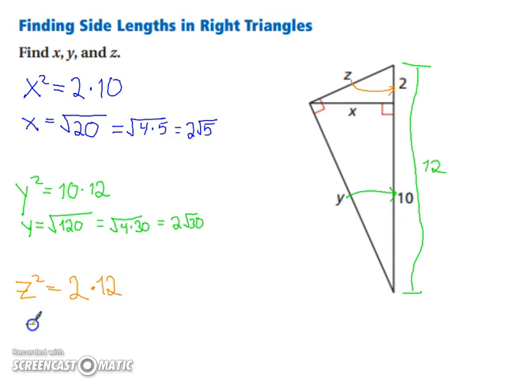So we can state that z equals the square root of 2 times 12. Well, 2 times 12 is 24, so we have the square root of 24. 24, you can split that into the square root of 4 times 6, which is 2 square roots of 6.